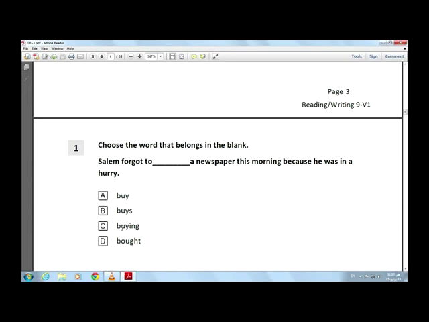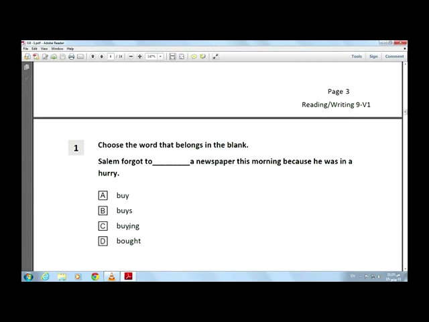So you start choosing the one that is most correct. Forgot to. Always after to we choose the verb in the infinitive without any additions. So for example, here we have the S form, and it's impossible because we have infinitive to, and after infinitive to we don't add anything.